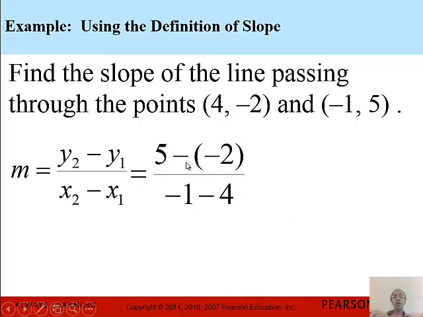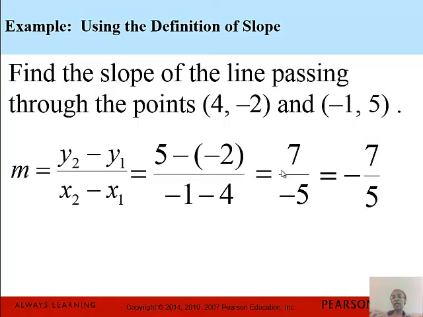So 5 is the y-coordinate we use first in our calculation of rise. So we have to make sure the x that corresponds to 5, -1, is first in our calculation of run. So 7 over -5 is our result. And that's the same as -7 over 5.